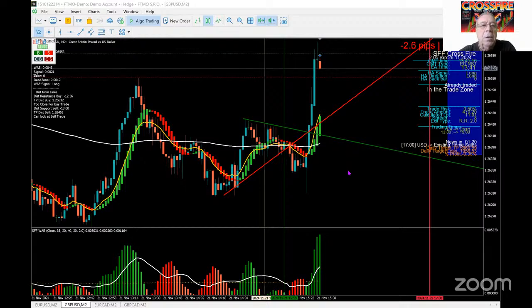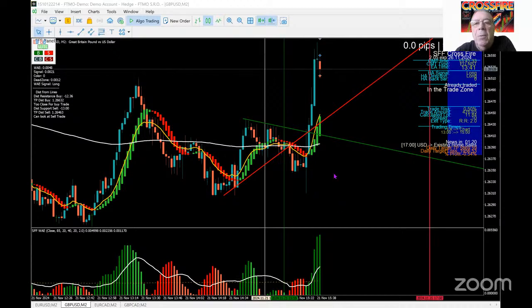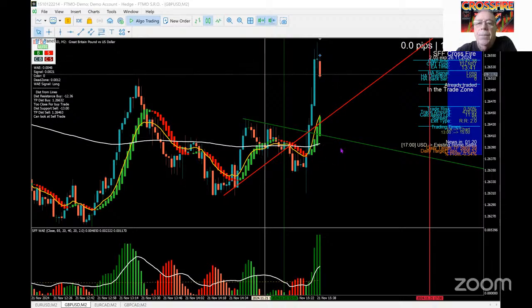Therefore, it starts to look for a long signal on the Waddah Attar, and you can see the explosion line is pointing away from the dead zone, and the histogram is dark green and above the explosion line. Now it's just taken me out, because price came backwards, turned against me.